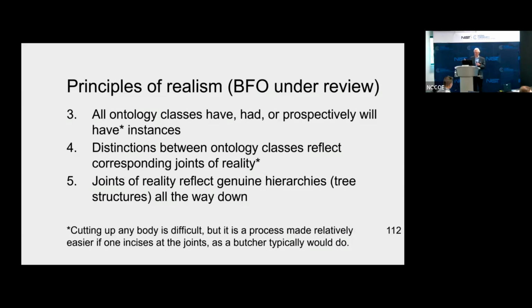We might make mistakes, but if we don't make any mistakes, then we can assume that where we find joints in reality, that means there are real distinctions between cats and dogs, or I better not say males and females, between children and adults. Even though we don't know where to draw the line, we should still accept that there are real distinctions between children and adults.